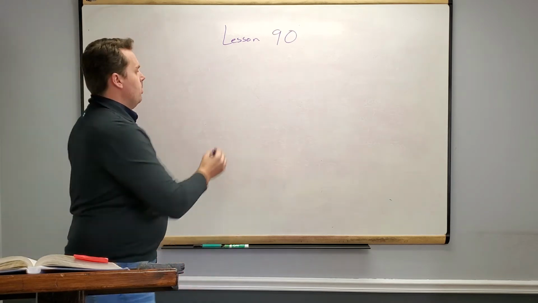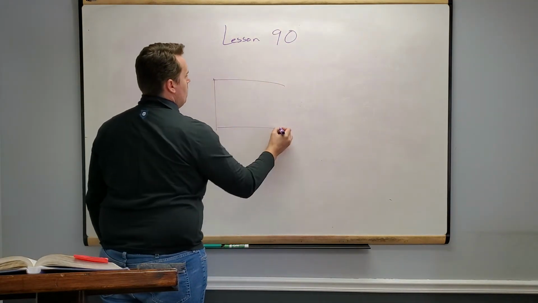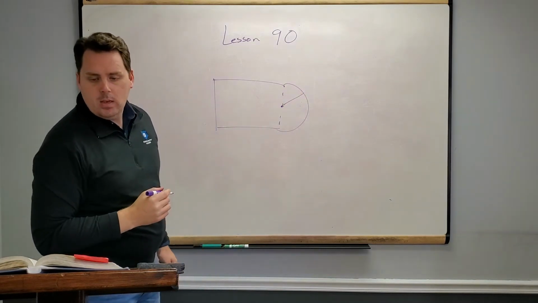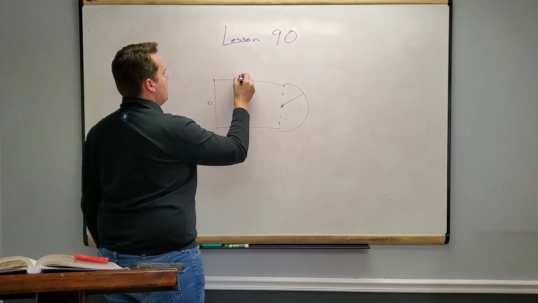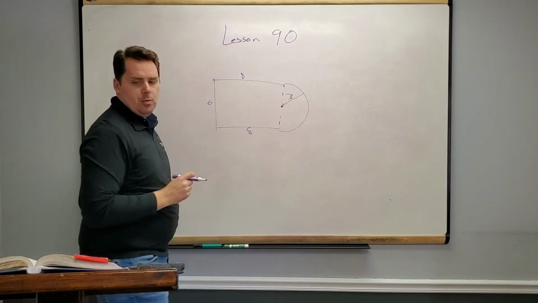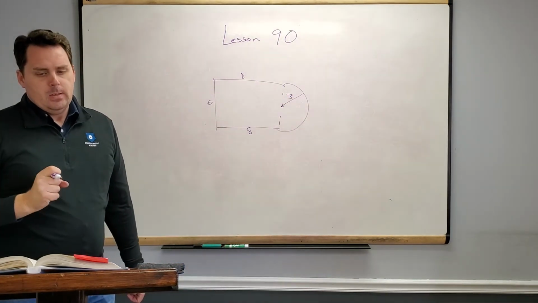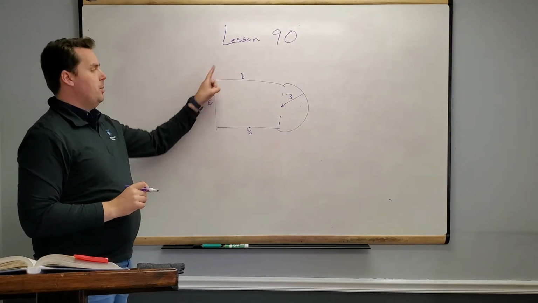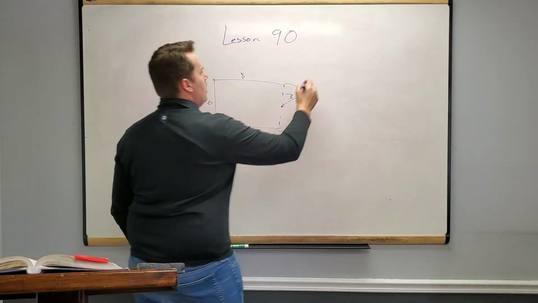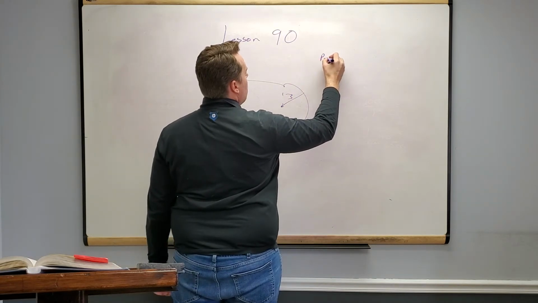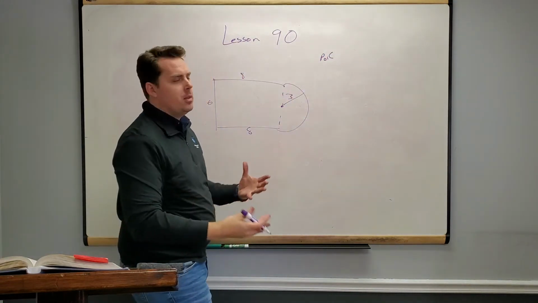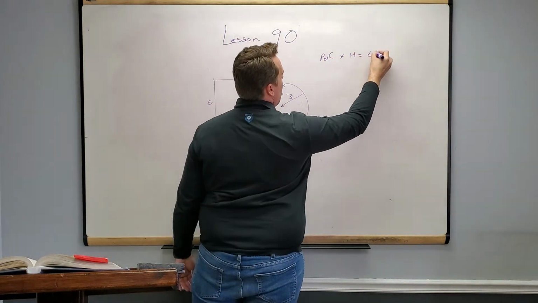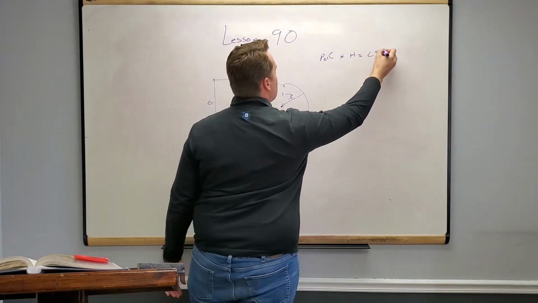So here's my figure. Just like that. 6, 8, 8, and 3. The trick with this one is if I find the perimeter of the object, perimeter or circumference, they're both the same thing, perimeter or circumference times the height equals my lateral surface area.